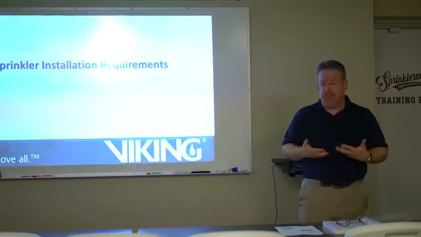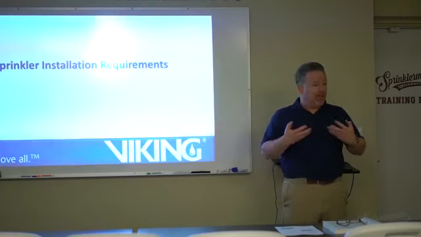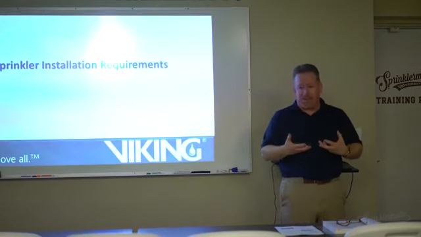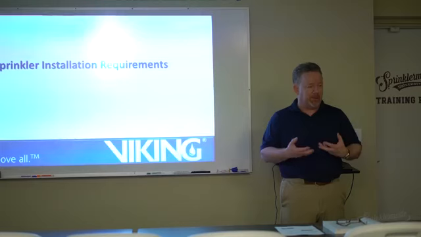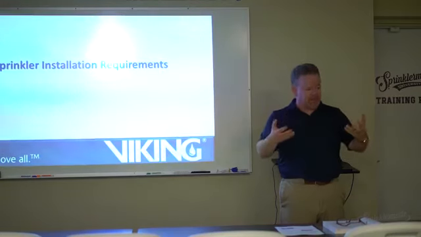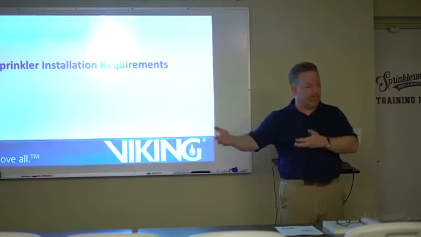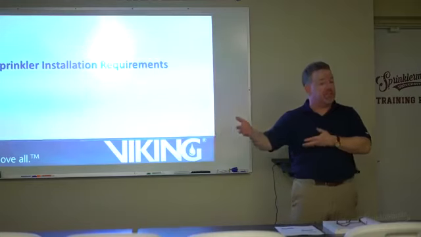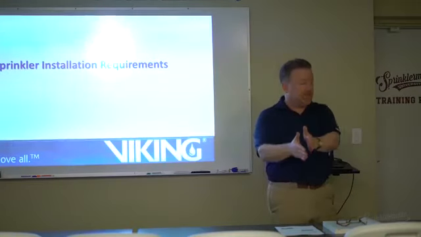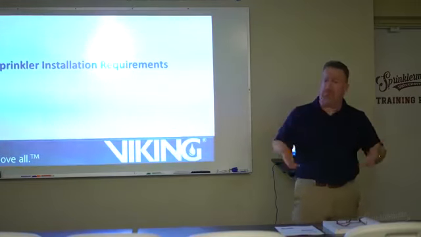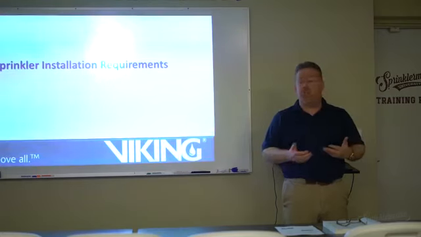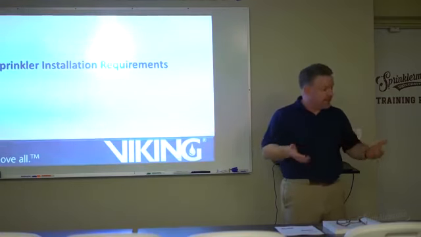Once we decide what the hazard classification is, it governs many other components and limits your decisions, in some cases as to the type of sprinklers that can be used, maybe even the type of pipe that can be used, things like that.